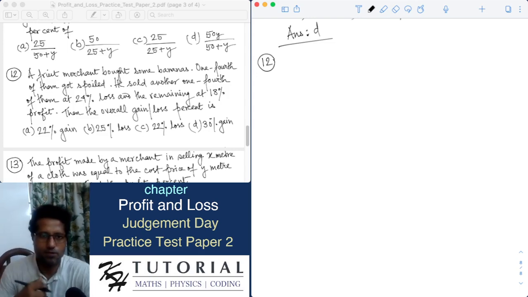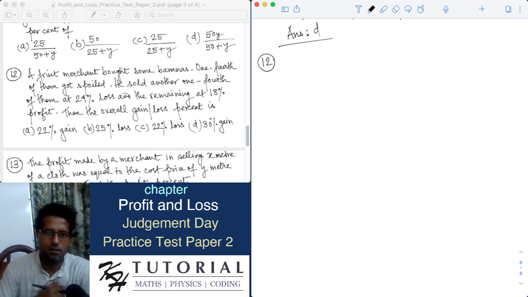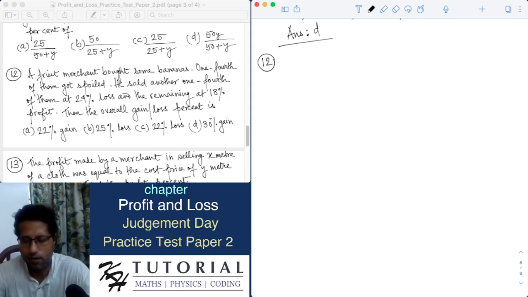I do not think the merchant will sell the spoiled bananas. So if 1/4 is spoiled, remaining is 3/4. Out of that 3/4 bananas, I guess he is selling another 1/4 of them at 24% loss. Then the overall gain or loss percentage.